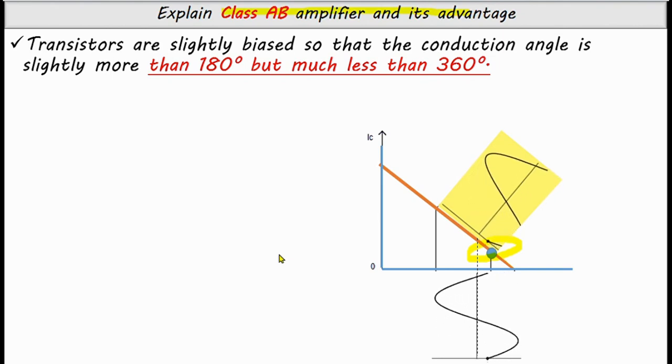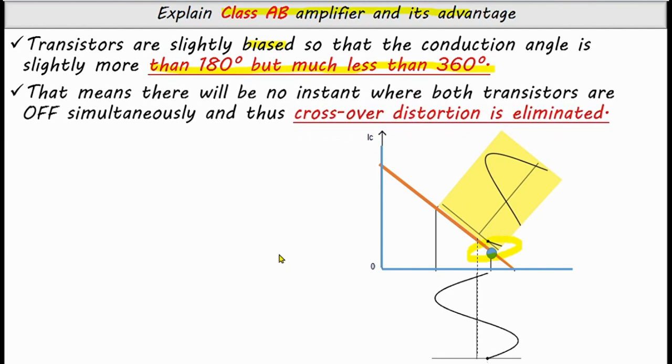It is not at the exact cutoff region, it is between the active region and the cutoff region. So the transistor is slightly biased so that the conduction angle is more than 180 degrees but less than 360 degrees. That means there will be no instance where both transistors are off simultaneously. So crossover distortion is eliminated.